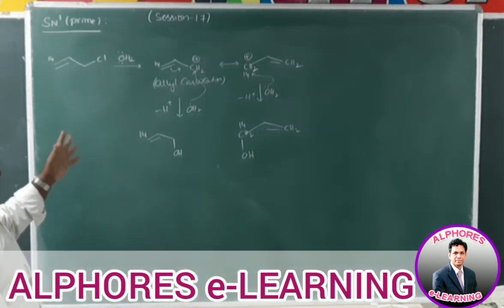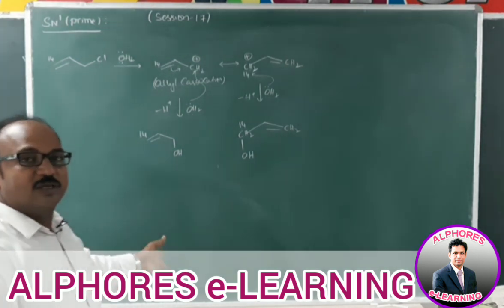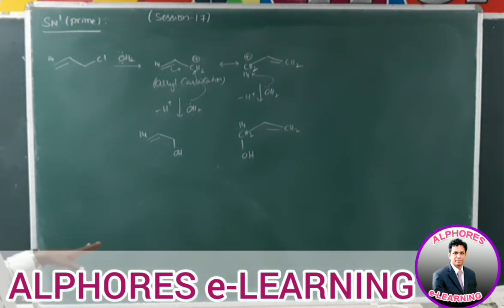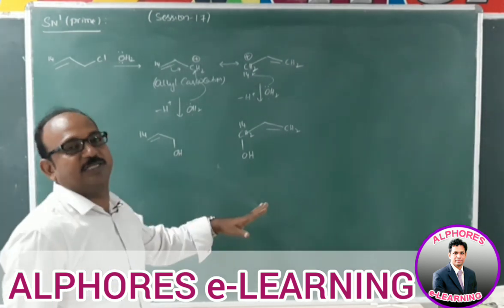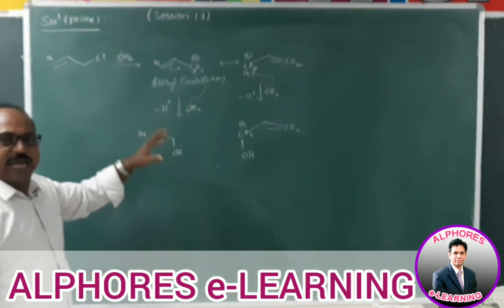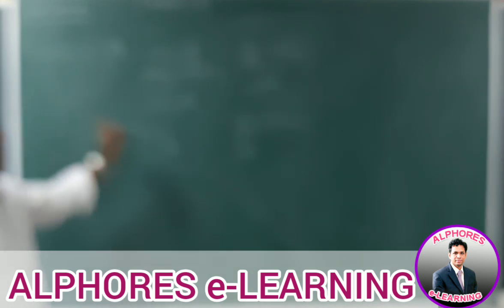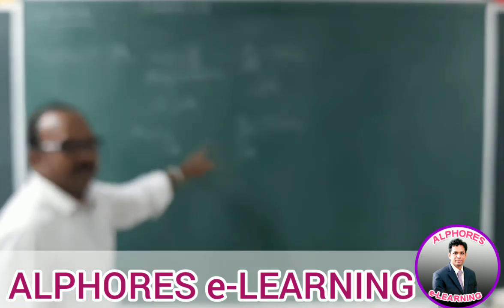So for SN1 prime we are not supposed to consider the stereochemistry. We cannot distinguish which one is D, which one is L. That is very difficult. But there are two possibilities, the nucleophile can come and attack either of the two carbon atoms, hence we are getting two possibilities that we can notice here.